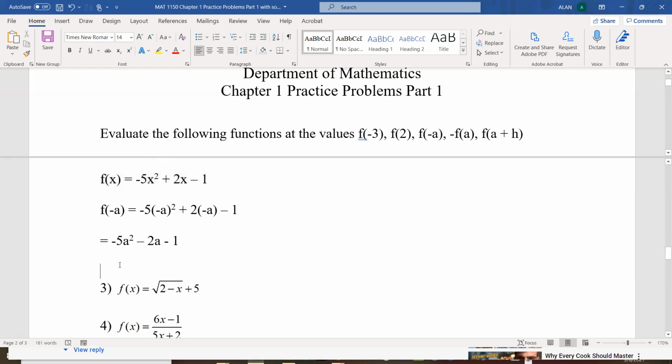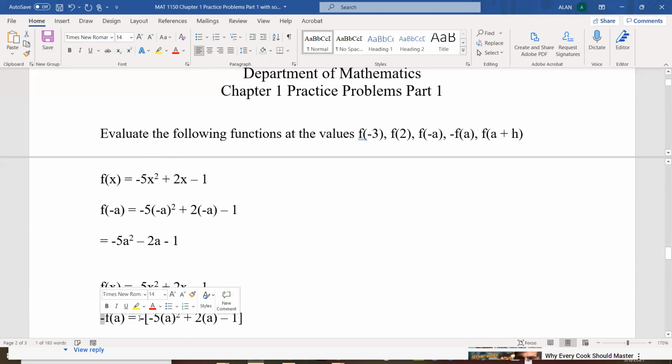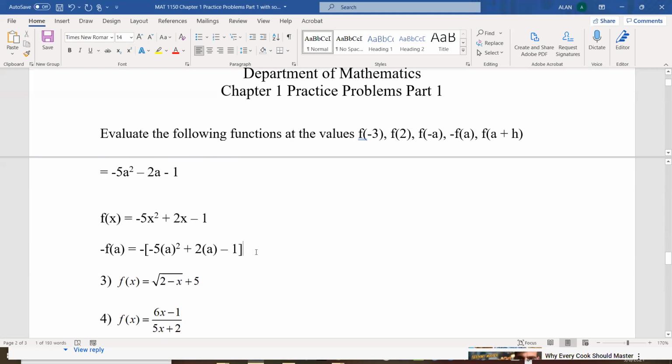Okay, now how about this one? Minus f of a. So here's what I recommend you do. Put a minus out here, and then inside the brackets, calculate the value of f of a. So you notice what I'm doing here is I'm replacing the x's with a, but the negative stays on the outside. Here's the negative, and what's in the brackets is actually f of a.